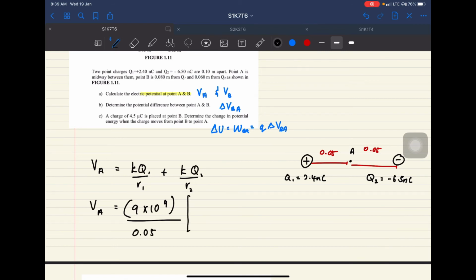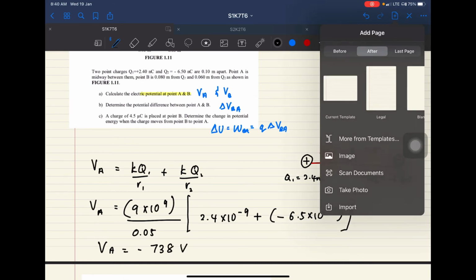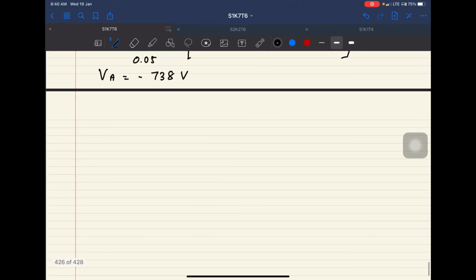Left with Q1, which is 2.4 times 10 to the power negative 9, plus negative 6.5 times 10 to the power negative 9. This one should get negative 738 volt. So the unit will be volt. Okay, just leave it like that.